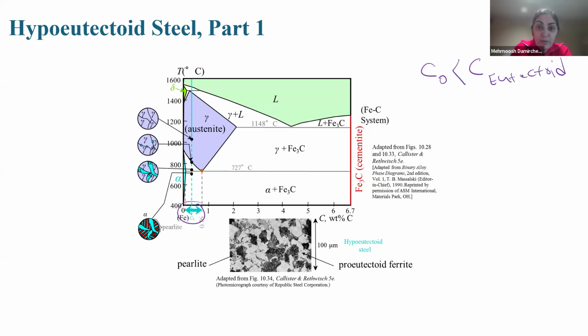For iron carbon it means it's less than 0.76%. We have primary phase, that is primary phase, we say proeutectoid. It means here we have the macrostructure of the eutectoid point, the name is pearlite.